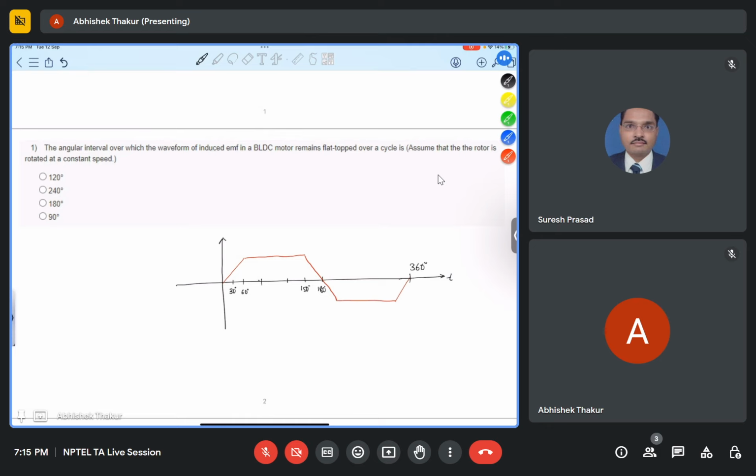Over one period, we can see the flat top, it is around 150 minus 30 degree, that is equal to 120 degree. And this also lies in one complete cycle, and one cycle is from 0 to 360 degree. So again 120 degree.